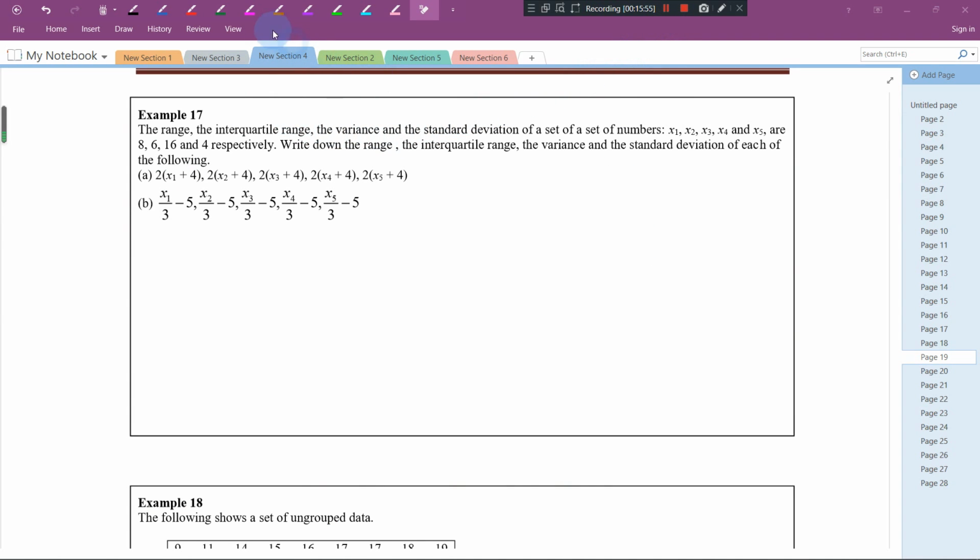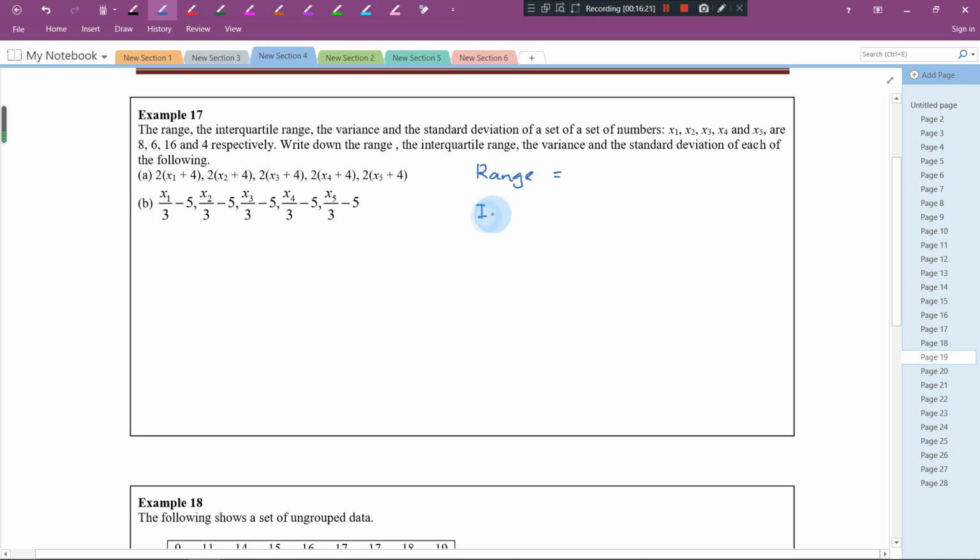Let's try one example. Okay, so let's look at this example. The range, interquartile range, variance, and standard deviation of a set of numbers. We don't know the numbers. The question just gave us x1, x2, x3, x4, and x5. So 8, 6, 16, and 4. For this, I will encourage you to write down the important information so that we won't mess up.